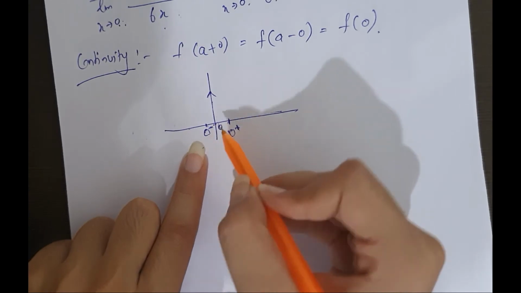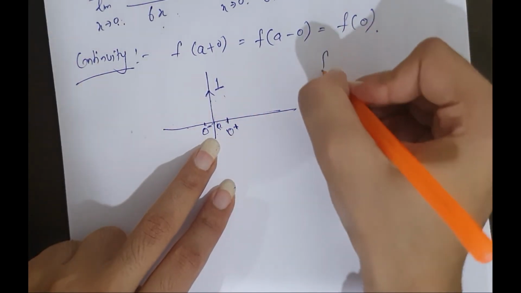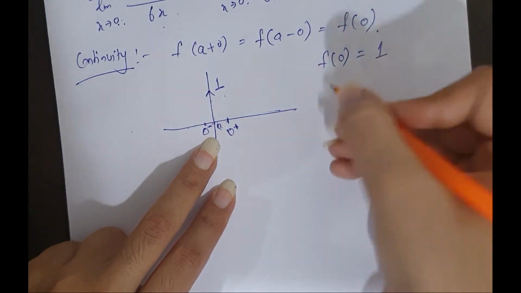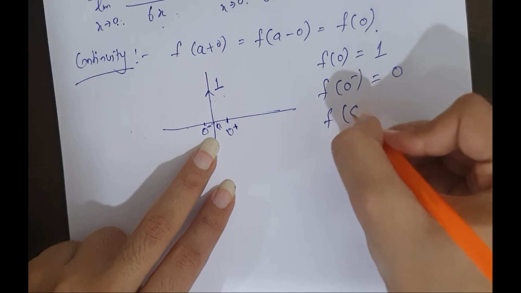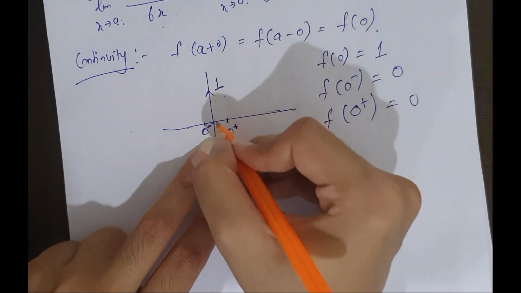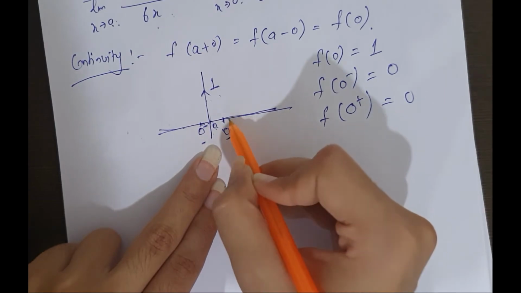Here, as you can see, this function is 1 at 0. At 0 minus, this is 0. At 0 plus, this is 0. As you can see, nothing is here. So at 0 minus this is 0, and at 0 plus this is 0.